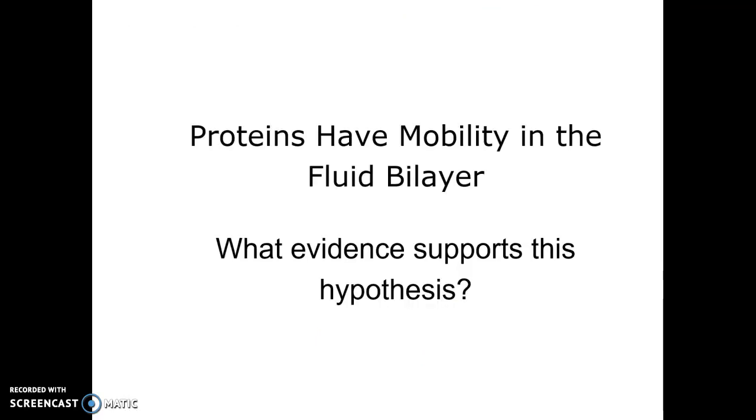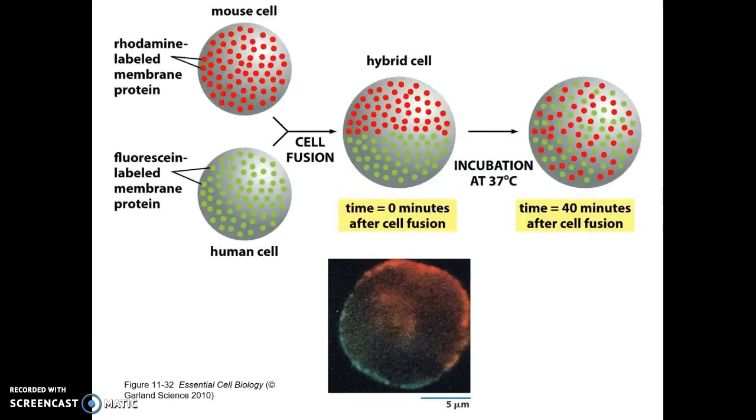So how do we know that the membrane has fluidity? Well, the way we determined that was by using dyes like rhodamine and fluorescein. If you take one cell and you cover it in rhodamine and take another cell and cover it in fluorescein, then you fuse these two cells.